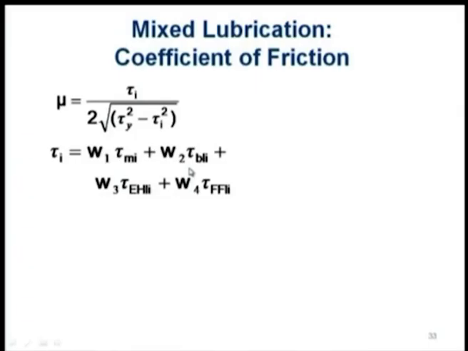Then comes boundary lubrication, which can be estimated. However, if we are not 100% sure, then we can use some sort of software to do iteration to find out W1, W2, W3, W4 by collecting experimental data.